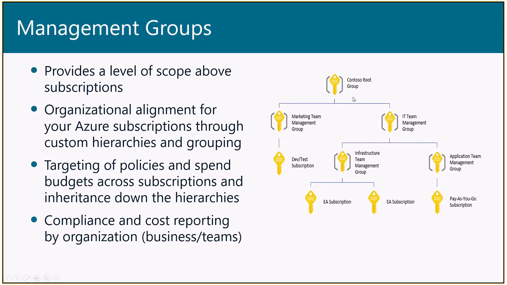So permission is always given at the top, and these permissions will be by inheritance. Either you give permission to someone at the EA subscription level or development test level, doesn't matter. If you give permission at the root level, they have permission to everything by inheritance. Okay, so everything here is by inheritance.